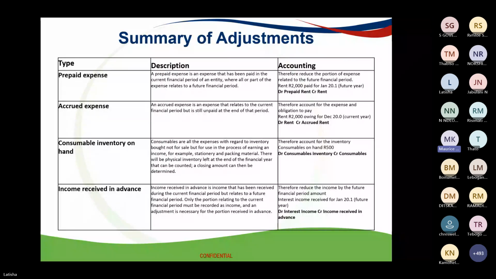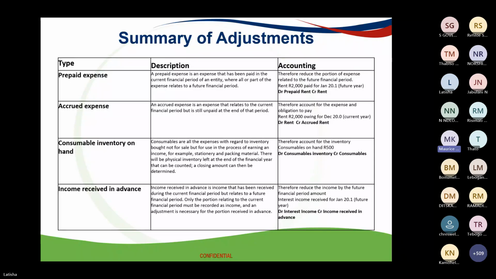Then the next one is the accrued expense, which is the opposite of the prepaid expense. An accrued expense is an expense that relates to the current financial period, but is still unpaid at the end of the period. Most of these expenses would be like your municipal rates and taxes, and electricity. The municipal guys will come and do the readings, and the expense will be paid a month later.